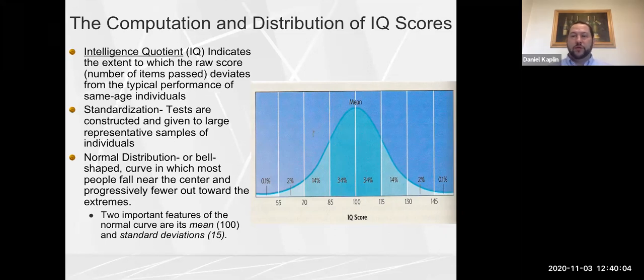We would consider you gifted or a genius. If you had an IQ 2 standard deviations below the mean, that's an IQ of 70 or lower, then we would consider you, assuming you have functional deficits as well, to have an intellectual disability, which we used to call mental retardation.